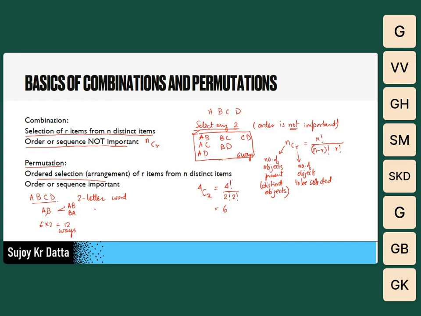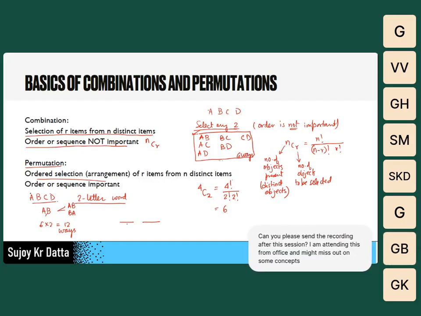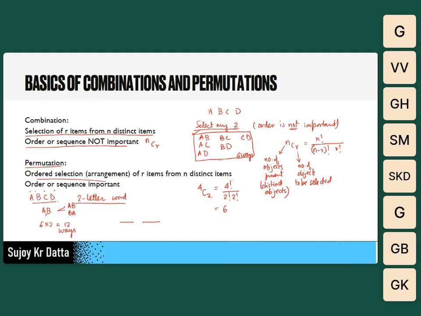Now, instead of doing it like this, we can simply say that you need a 2-letter word. So we'll think of 2 blank spaces that have to be filled up. We now decide in how many ways can the first blank be filled. In this case, there are no restrictions, no conditions. So there are 4 options. So you can fill the first place in 4 ways. One of the letters is gone. Let us say A is gone. So the second blank can be filled in 3 ways. So for each of these 4 ways, this is going to be 3 ways.